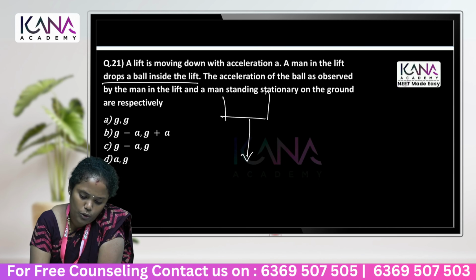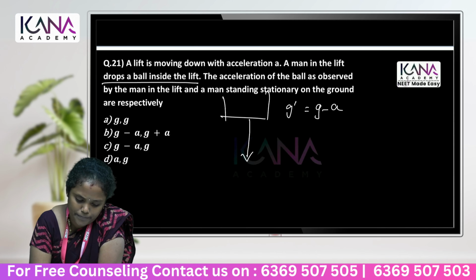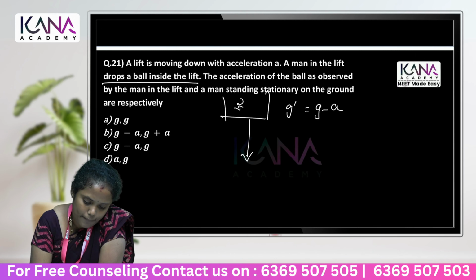So what do we know? G dash is G minus A. A man in the lift drops a ball inside the lift. The acceleration of the ball as observed by the man in the lift and a man standing stationary on the ground, respectively.